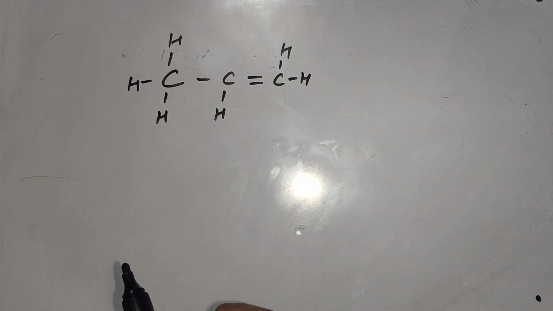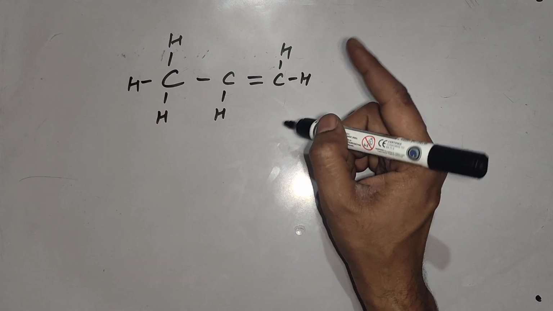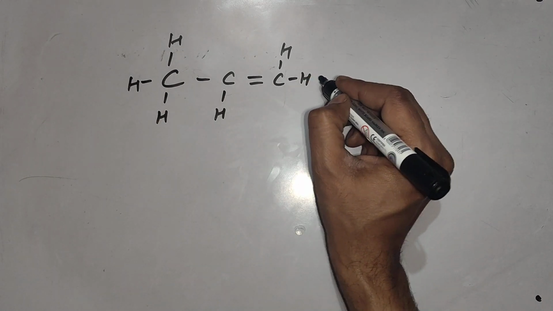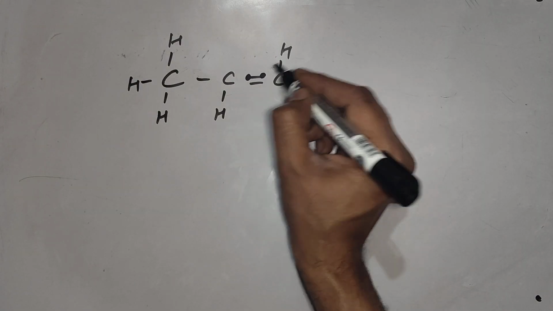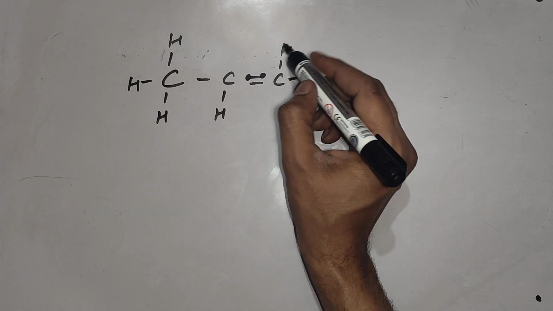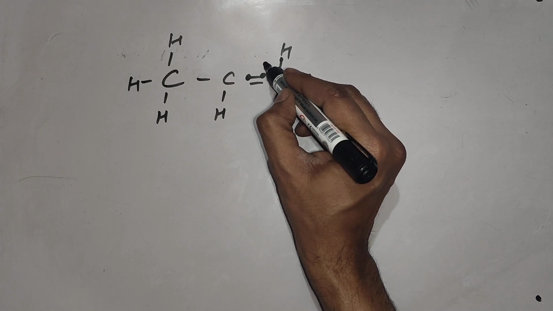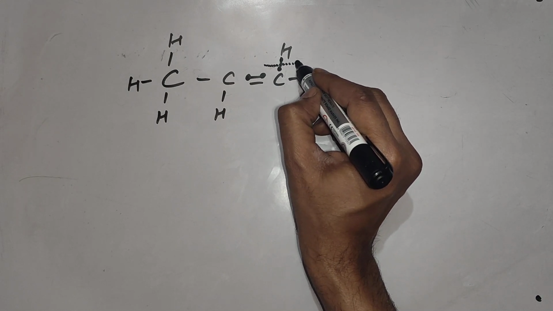If we are doing chlorination of it, let's write all possibilities. The first possibility is if this hydrogen is getting substituted.